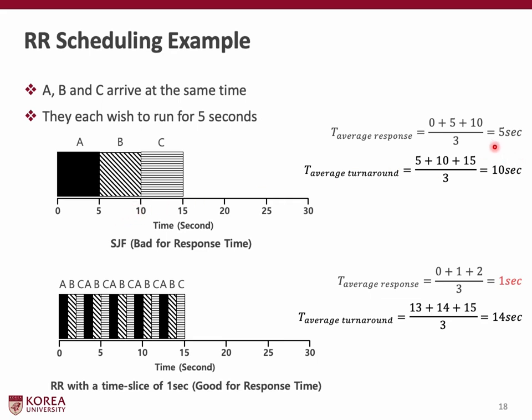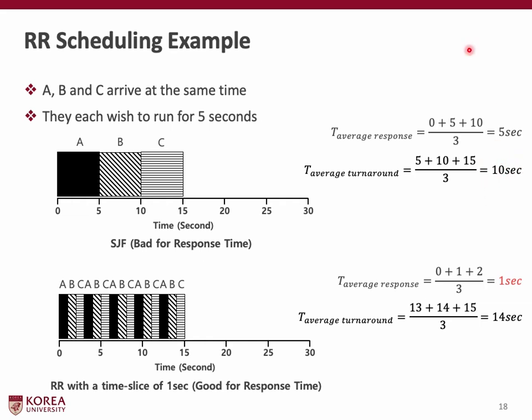So the average response time is 5 seconds. And what is turnaround time? In terms of turnaround time, A is 5 seconds, B is 10, and C is 15, so the average is 10 seconds. Okay?